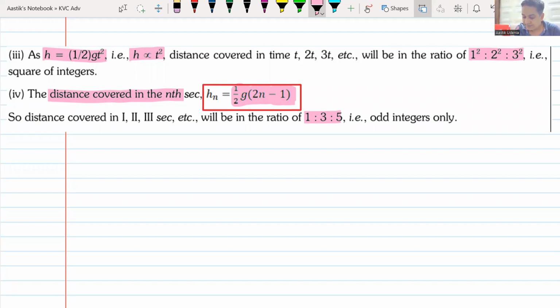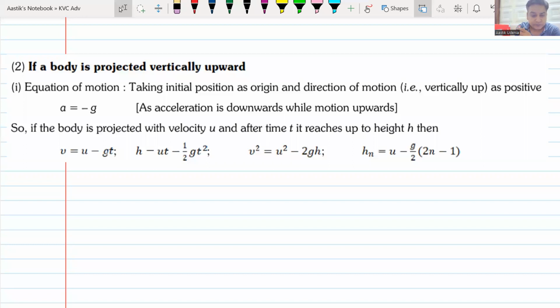To the second case. What will be the second case? In the second case, we are going to throw a ball upwards. Case number 2. A ball is going to be projected vertically upwards.